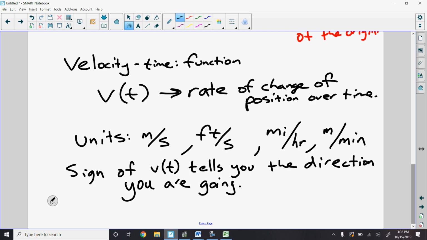For example, if something is moving along an x-axis, plus will mean right, minus will mean left. Not whether you're right or left of the origin, that's position, but whether you're moving towards the right or moving towards the left. If we're moving along a y-axis, then plus would mean up, and minus would mean moving down.